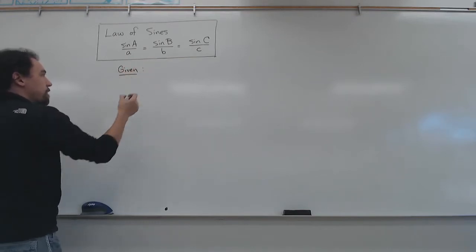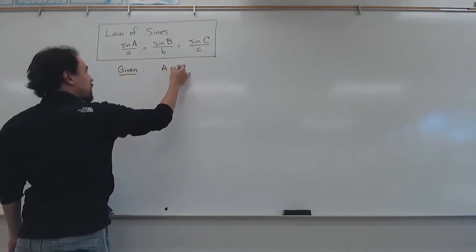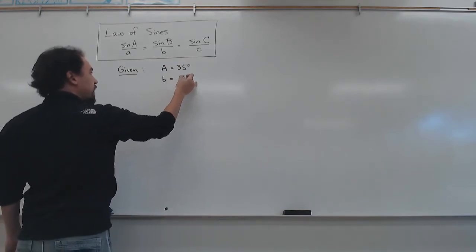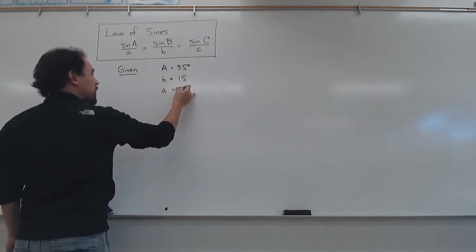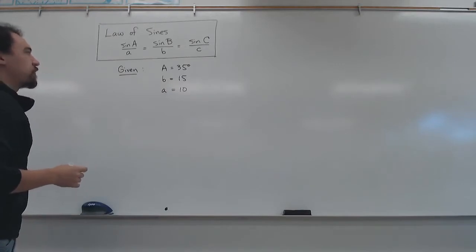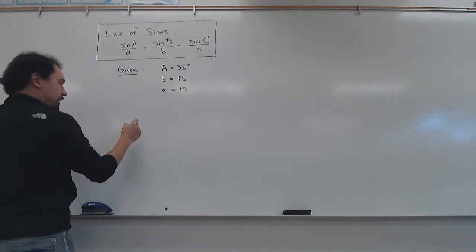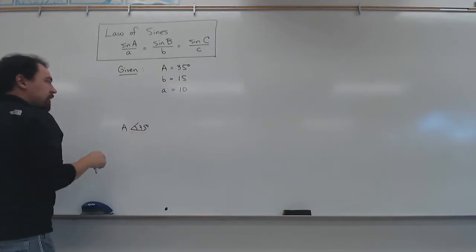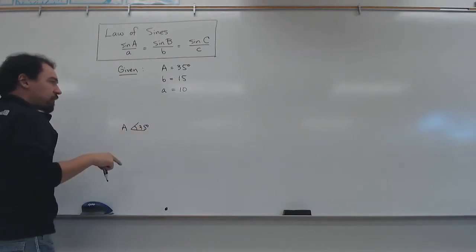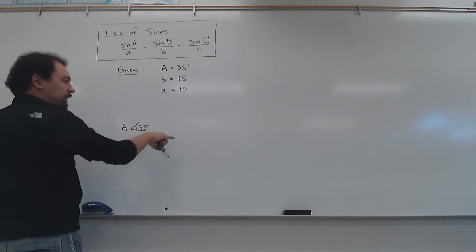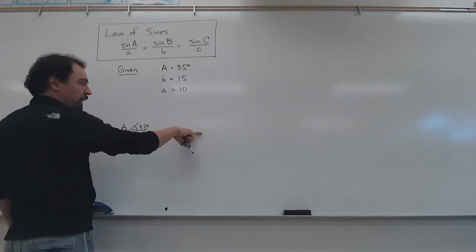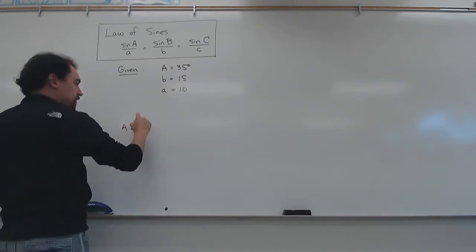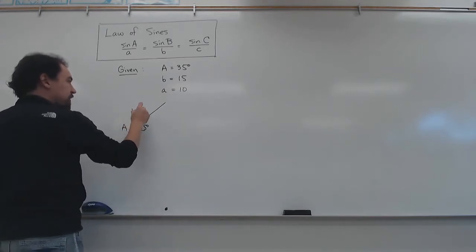So given, this time we have an angle A equals 35 degrees. Then we have a side length, b is 15, and another side length, a is equal to 10. If we try to draw this triangle, say maybe angle A down here, 35 degrees, and I'm not exactly sure where angle B or angle C are, but to be consistent with last time, we'll put angle B in the lower right, and so side length b will be opposite of that, which means something like this.